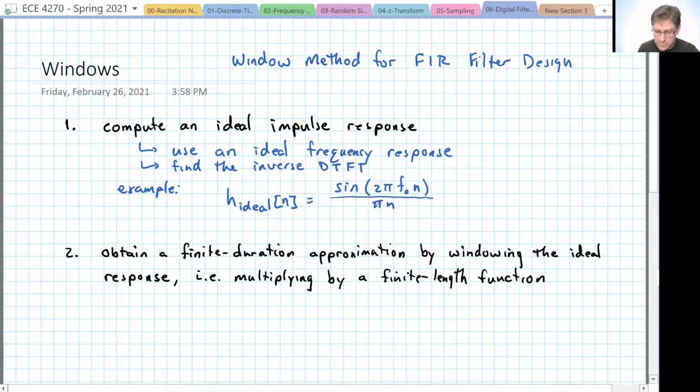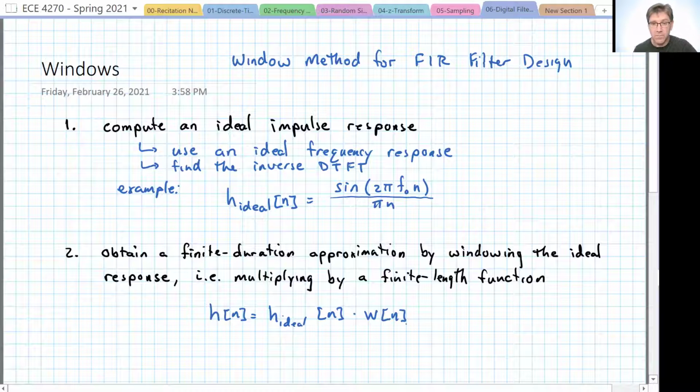Okay, so windowing then looks like this. We would have h of n is equal to h ideal of n times w of n. And w of n will have some finite extent.